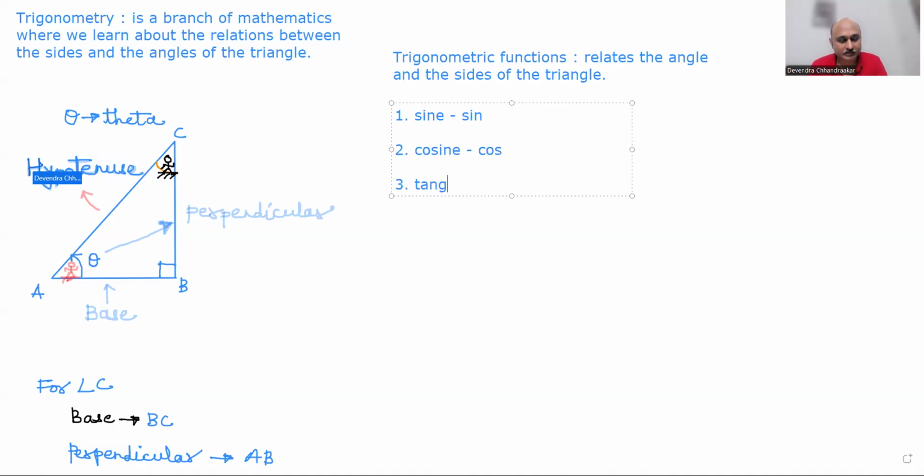Third one is tangent, tan. Fourth one is cosecant, cosec. Fifth one is secant, sec. And sixth one is cotangent, cot. So sine, cos, tan, cosec, sec, and cot. These are the 6 basic functions which establish a relation between the sides and the angles of the triangle.